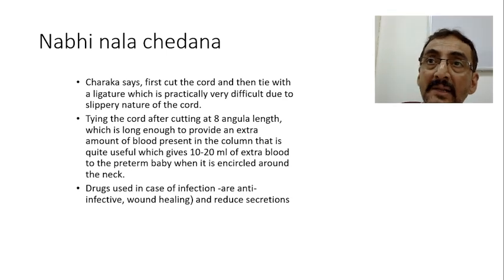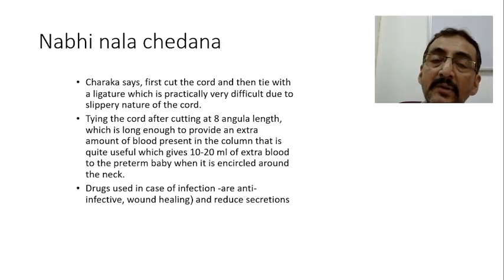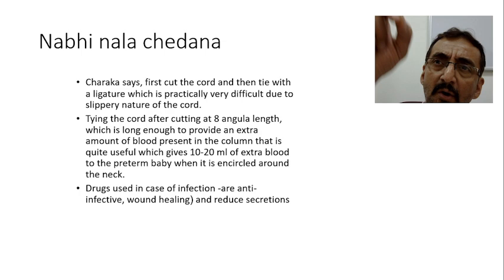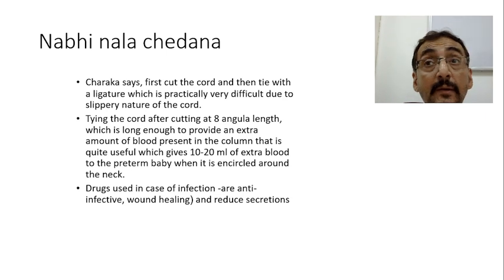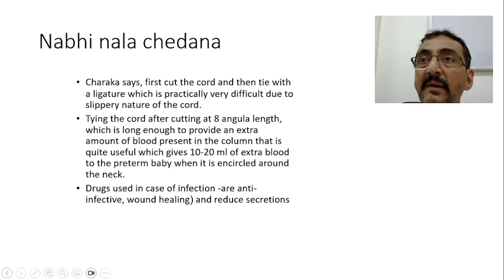That means you cut the umbilical cord by 8 angula length, which is a long distance, then you lift it up and then encircle it around the neck of the baby, so that whatever blood is present, maybe 10 ml or 15 ml or 5 ml, will be given to the baby, which is quite an important boost. Because the total blood amount present in the newborn baby is 80 ml per kg.